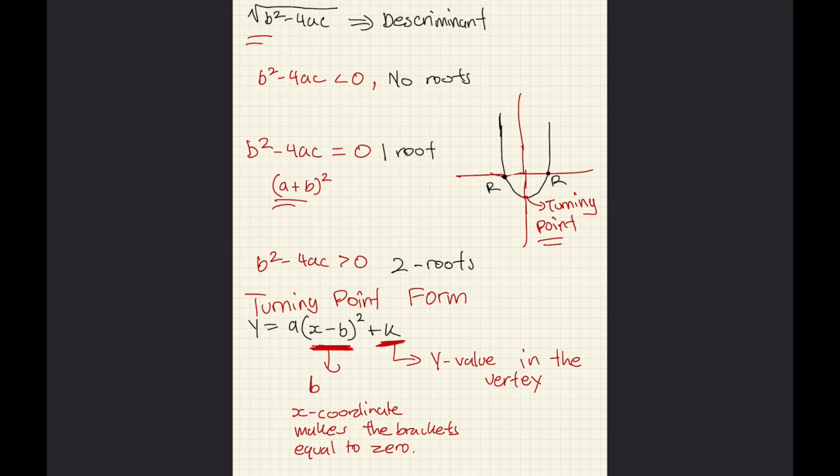Furthermore, we looked at the turning point form, and we know that whatever value of x makes this 0 is our x-coordinate for the turning point, and whatever value of k we have at the end is our y value.